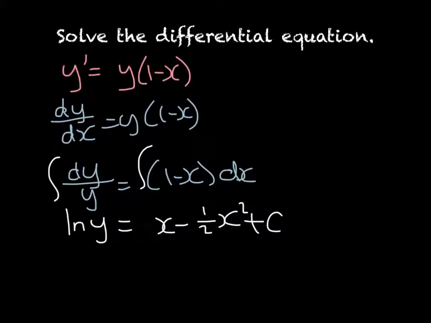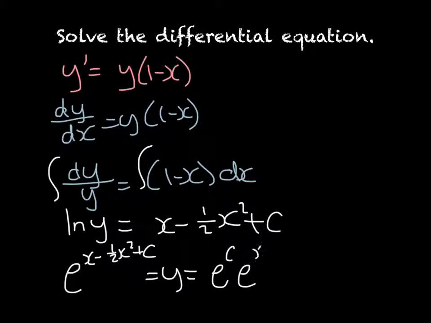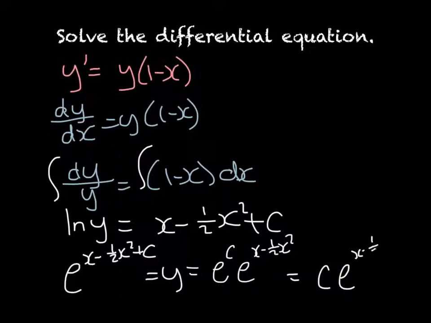And so now we have e to the power of x minus 1/2 x squared plus c equals y, which can be rewritten as e to the c times e to the x minus 1/2 x squared. And then we can replace e to the c, which is a constant, with another constant. So I'm just going to call that c times e to the x minus 1/2 x squared.